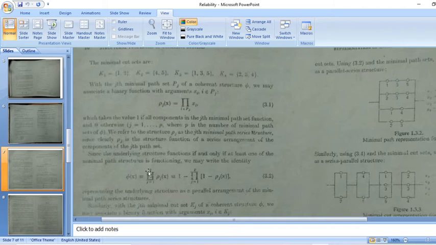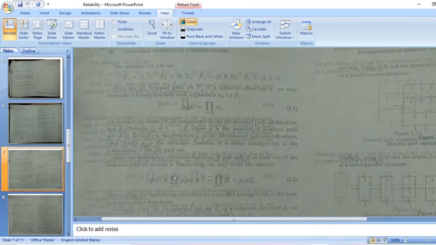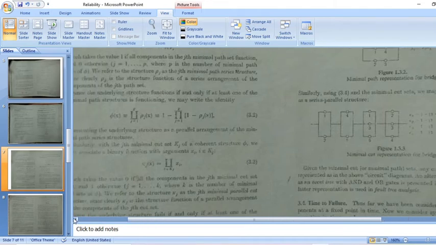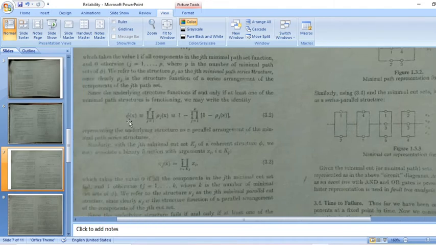But this is only notation. Its explanation is 1 minus product j from 1 to p of 1 minus rho j of x. So this is the expression of system structure in terms of minimal paths.